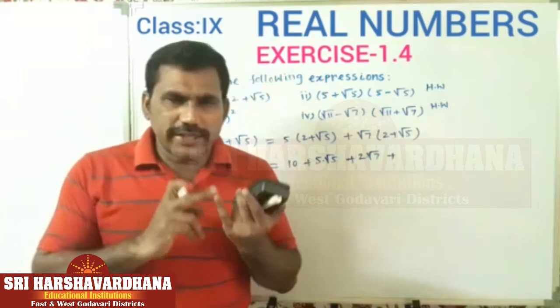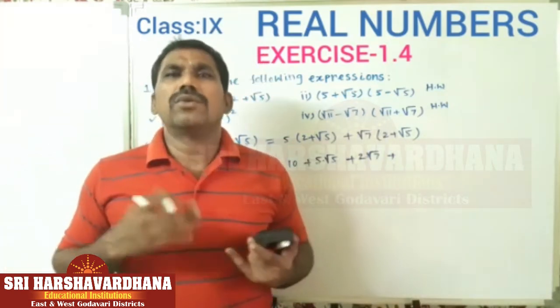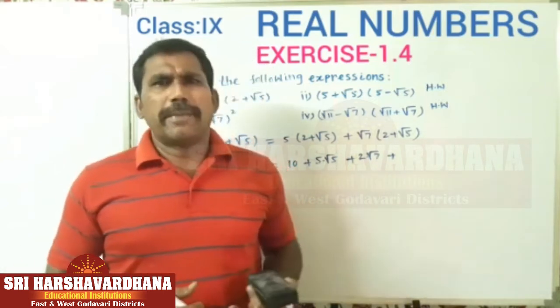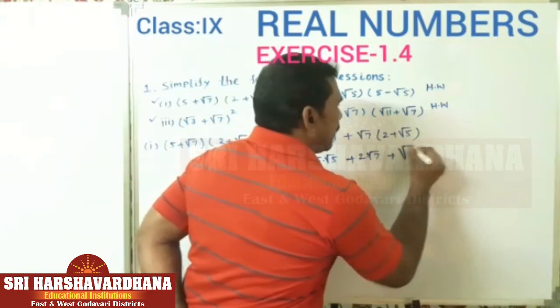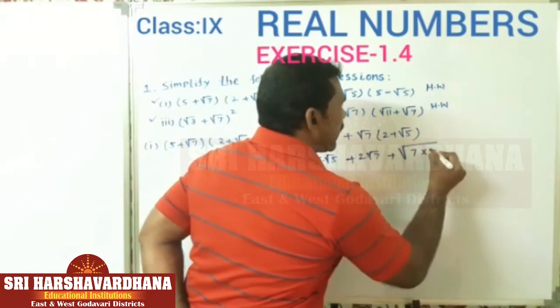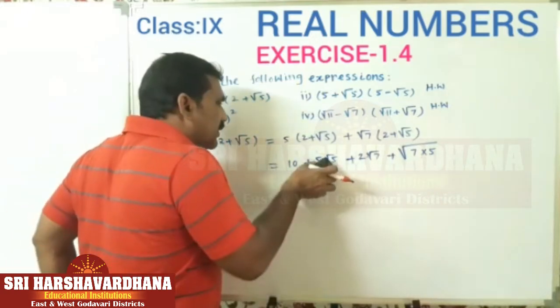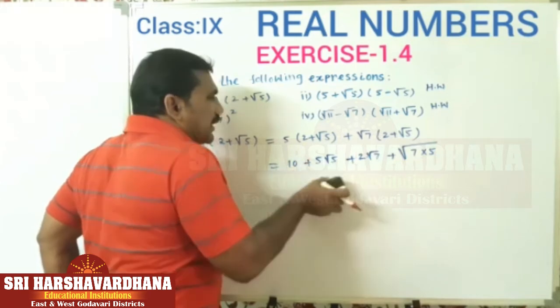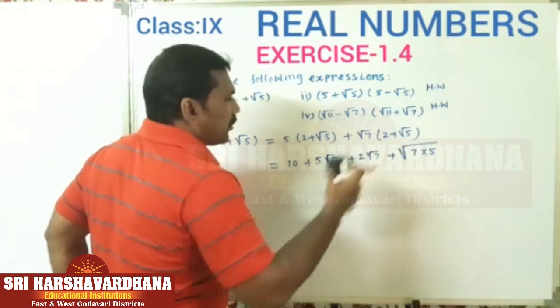Children, root 7 is an irrational number. Root 5 is also an irrational number. So, multiply those numbers directly. I mean, root of 7 into 5. Okay. So some children misunderstand this as a decimal point. They feel this is 5 point root 5.